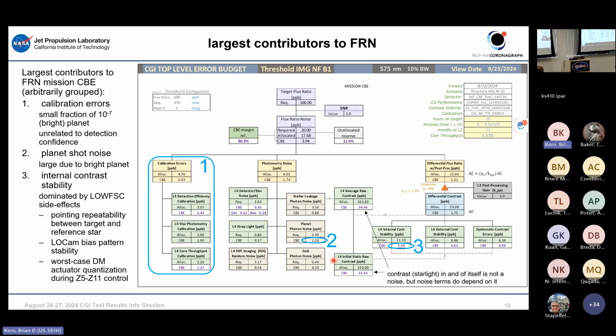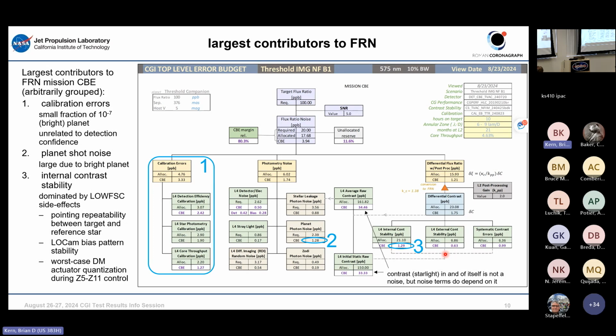Is it worth it? Yes. Would we do it, and would it produce the factor of 2 in coherent contrast that would let us see these faint planets? There's a modeling question there. And once we're on orbit and we get some real world answers about our contrast in orbit, that's going to be a hot topic.